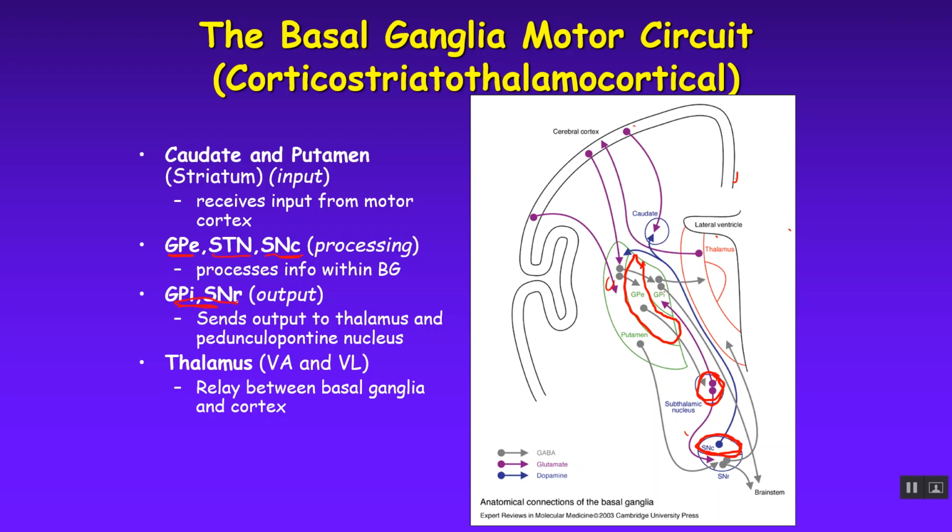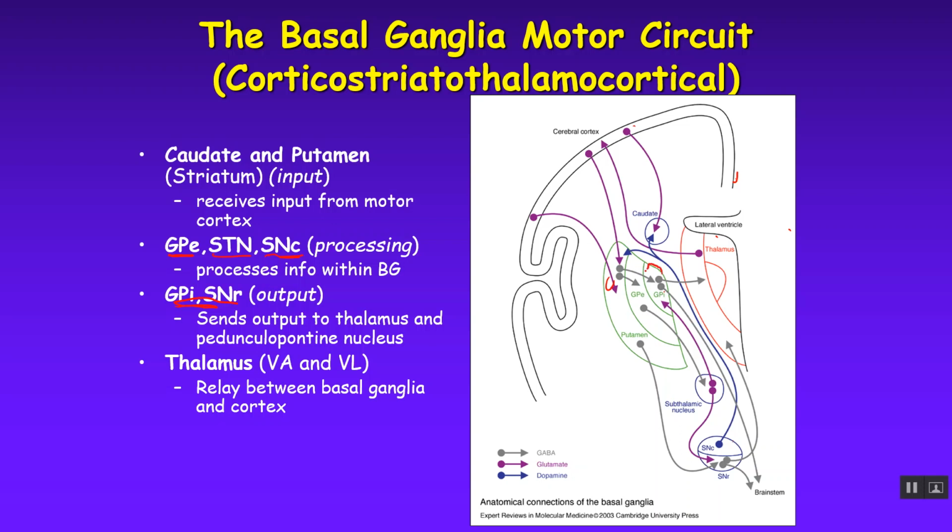The output nuclei are the globus pallidus internus and the substantia nigra reticularis. What we mean by output, that's how it gets out of the basal ganglia to go to the thalamus. So they're the only ones that communicate with the thalamus or the brainstem. Okay, those are the only ones, that's how you get out of the basal ganglia structures.